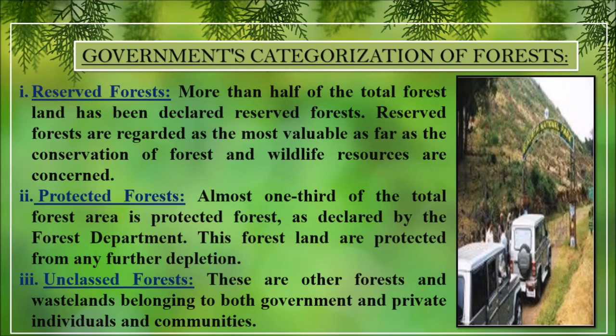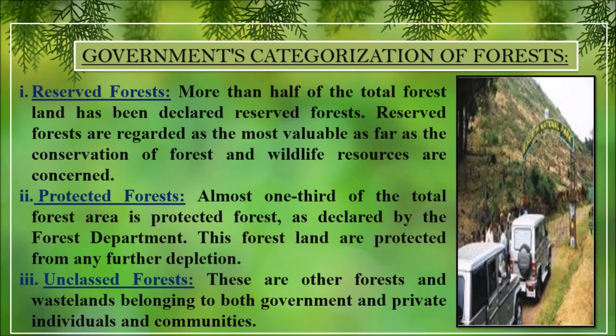And in Jammu and Kashmir, Andhra Pradesh, Uttaranchal, then Kerala, Tamil Nadu, West Bengal and Maharashtra, in these areas we have more reserved forests. And all these states and parts of Gujarat have a high percent of unclassed forests. In the parts of Gujarat, what do we have? These wastelands. Okay.